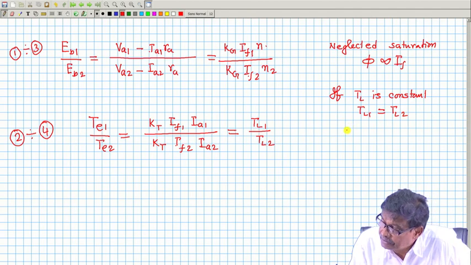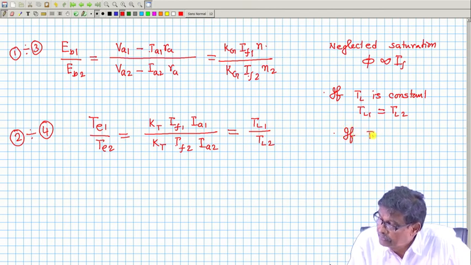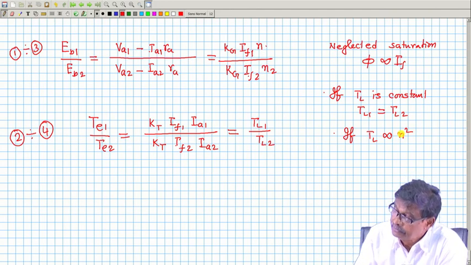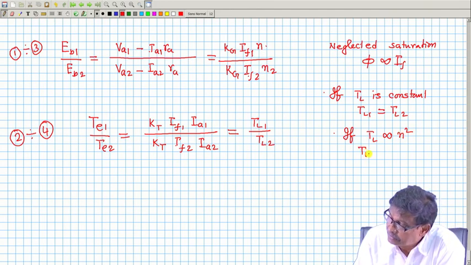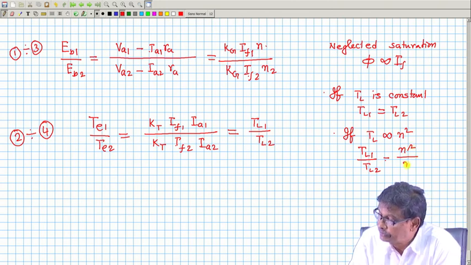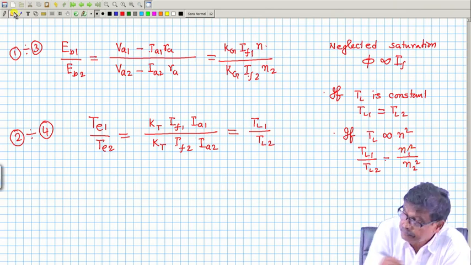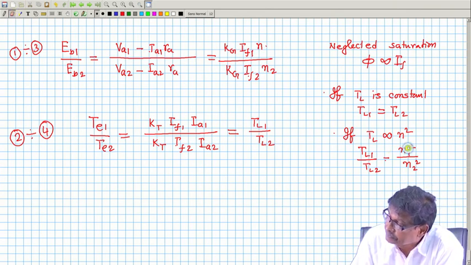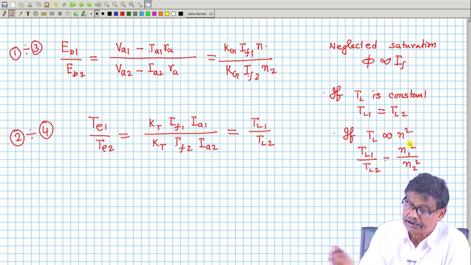It may so happen that if load torque is proportional to n square, then TL1 by TL2 will be equal to N1 square by N2 square. Got the point? N1 square by N2 square.